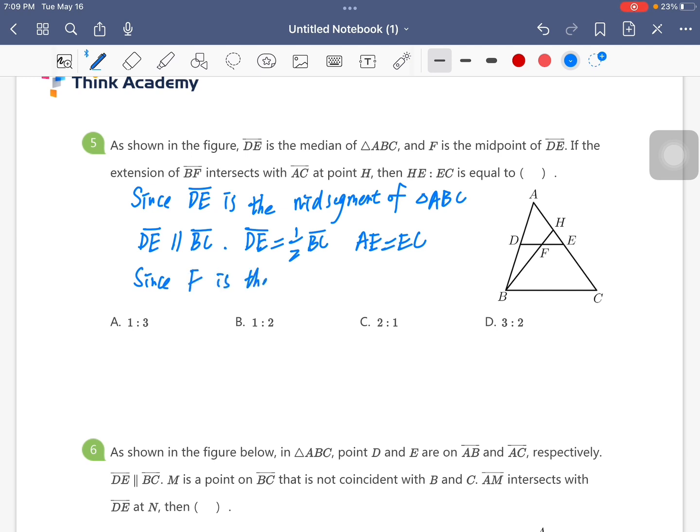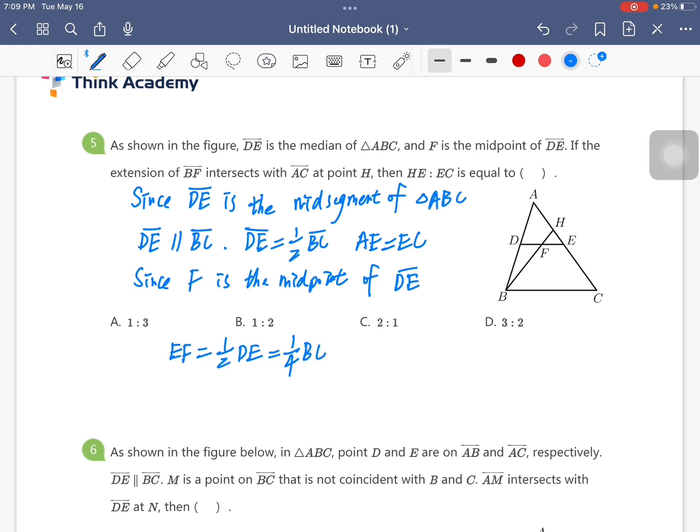and since F is the midpoint of DE, we can therefore have EF as 1/2 of DE, and as DE is 1/2 of BC, EF is 1/4 of BC.